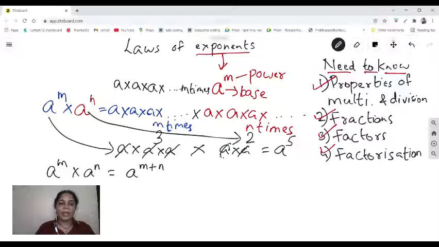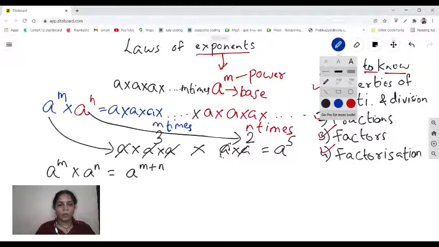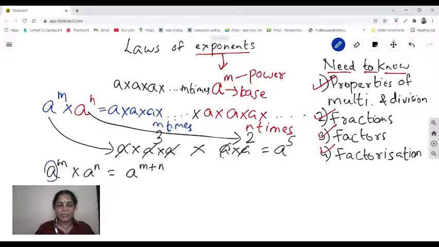Very important to understand few other things. In this law, the base is same. Only if the base is same, and the next thing, when the two exponents are multiplied, that is when the power gets added up.